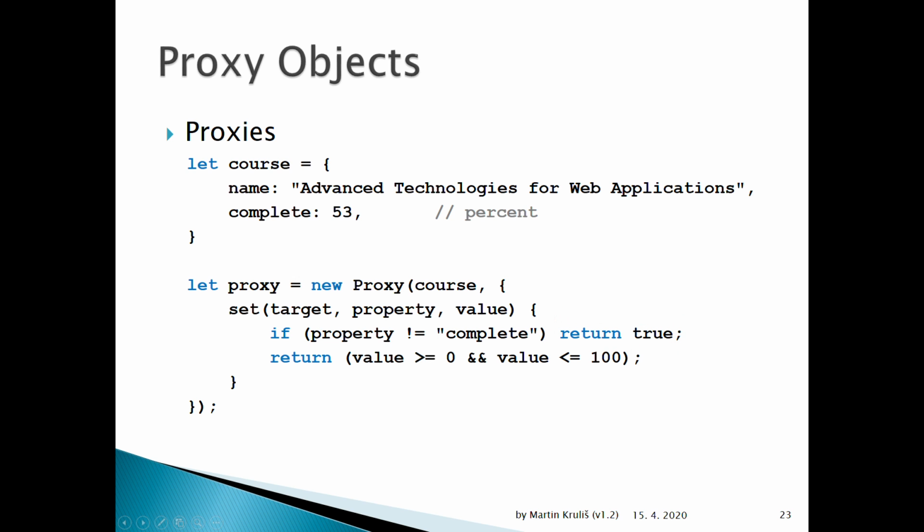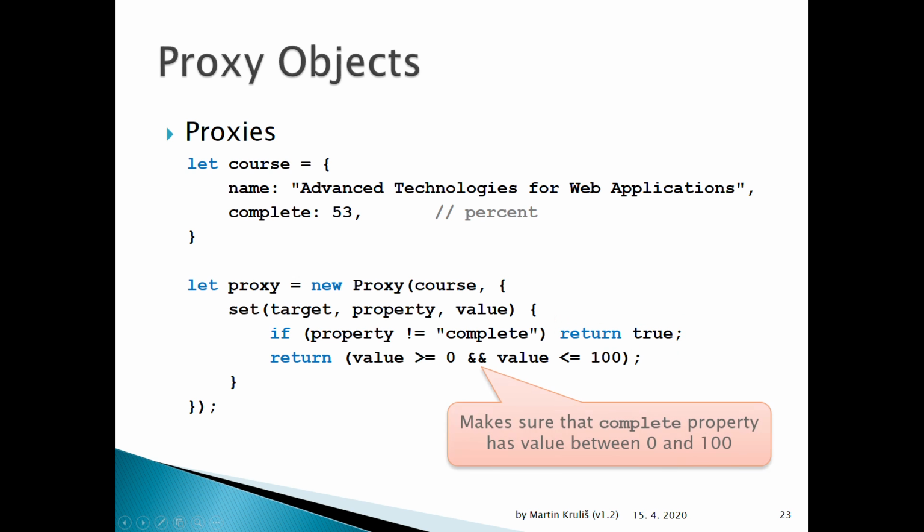We just return true, which means okay, we allow this setting. In case we are modifying the complete property, then we check the value, and if the value is within the range, we will allow the modification. So we want to make sure that the complete property is between 0 and 100. And if it's not, the function will return false and the modification actually will not take place.